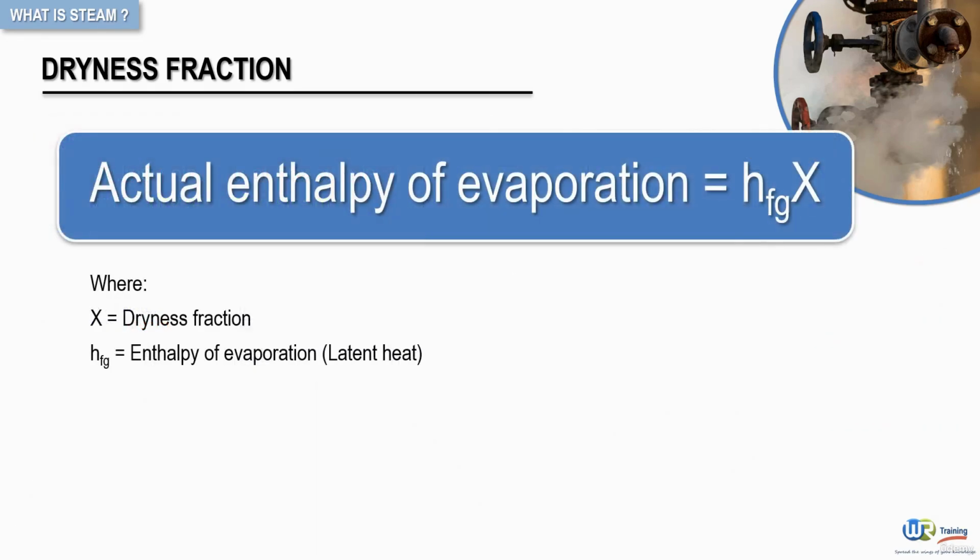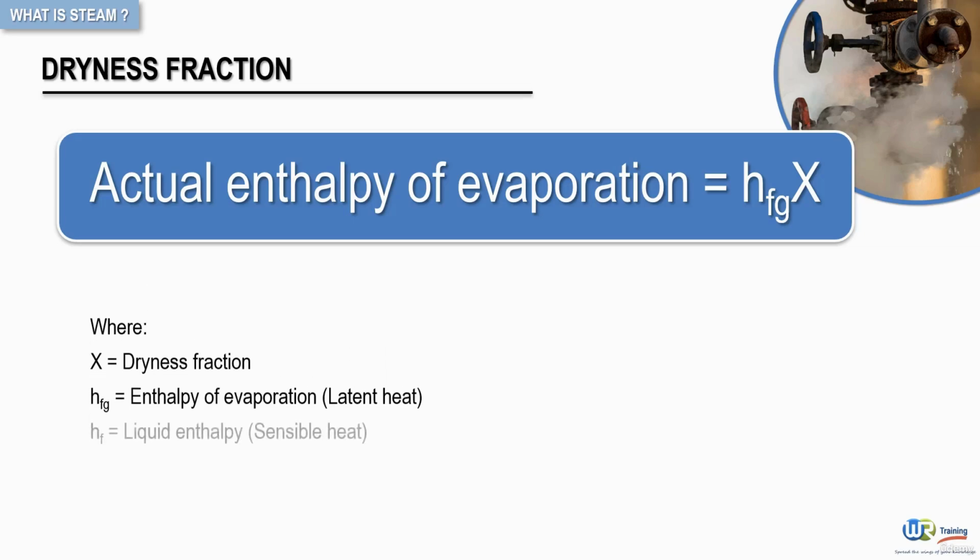It is important to note that since the dryness fraction of wet steam is a value less than unity, then wet steam will always have lower usable heat energy than dry saturated steam. As a result, and from this equation, the actual total enthalpy of wet steam would be as follows.